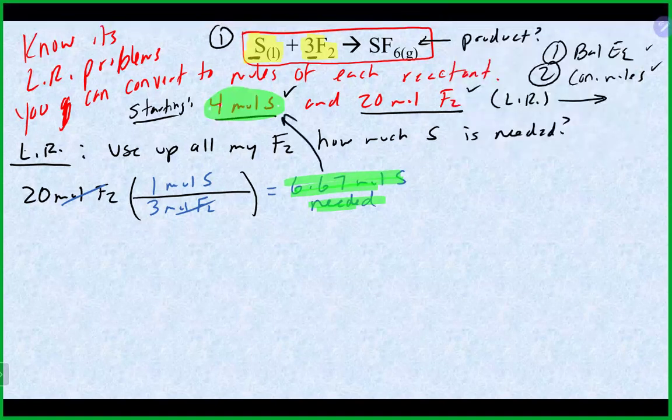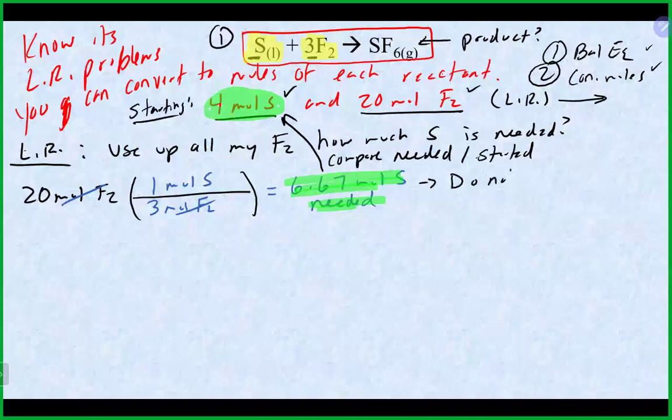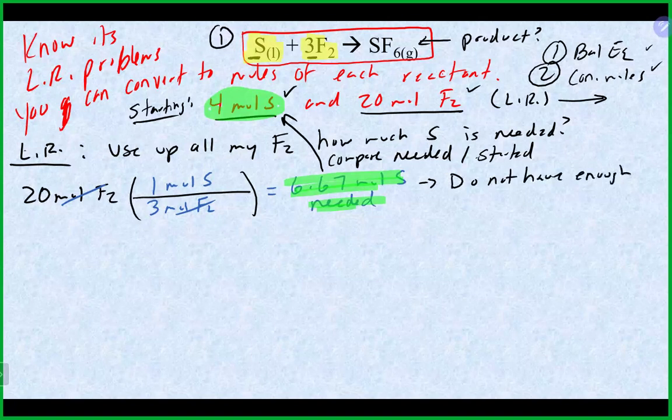So I want to compare how much is needed to what I started with. And in this case, if I need 6.67 moles of sulfur, but I only started with 4, I do not have enough. And because of that, this guy here would be my limiting reagent, the sulfur.